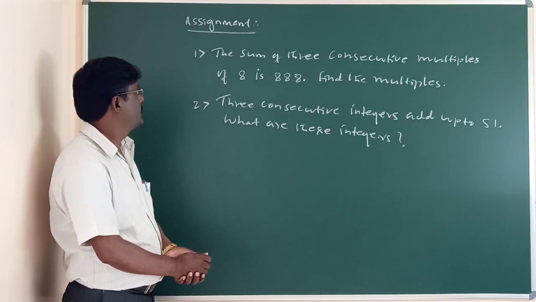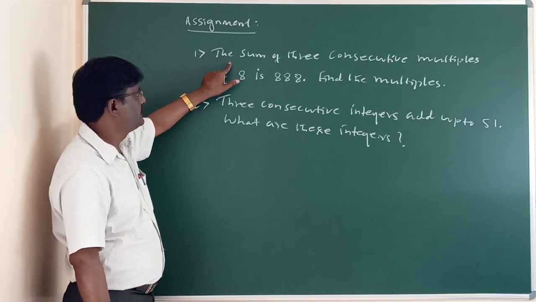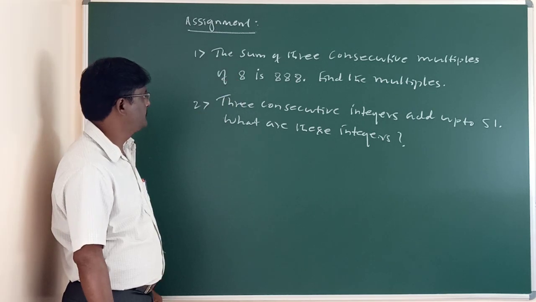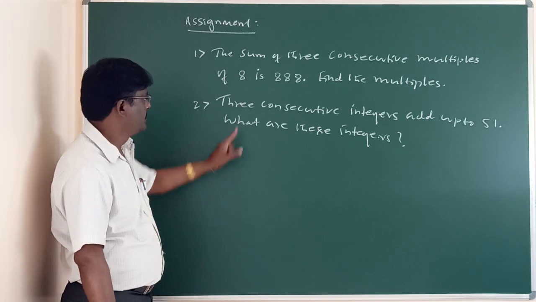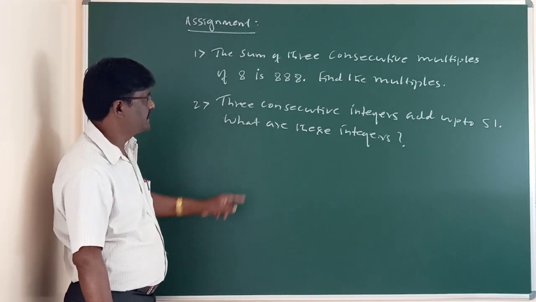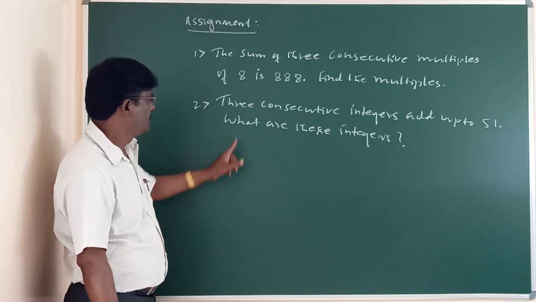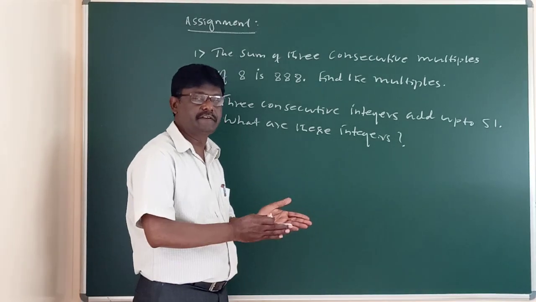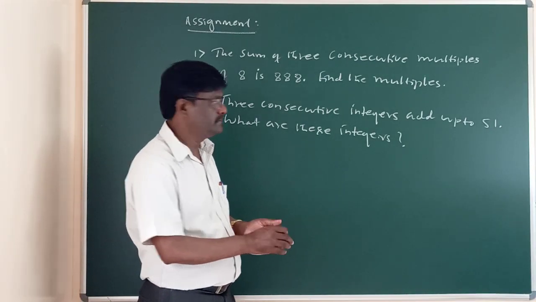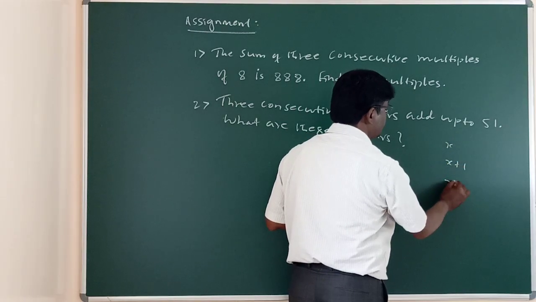Okay children, today's home assignment, only 2 problems. The sum of 3 consecutive multiples of 8 is 888. Find the multiples. Second one, 3 consecutive integers add up to 51. What are these integers? You know, if the first integer is x, the next is x plus 1, and then x plus 2.